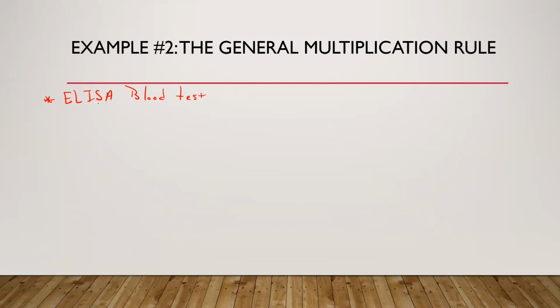I get a physical, right? I just go to my physician and get my annual physical, and usually it involves blood work. It's my least favorite part. I have to get a needle stuck in me and they test my blood for a bunch of different things. One of the tests they do is called the ELISA blood test, and what the blood test does is detect antibodies in your blood.